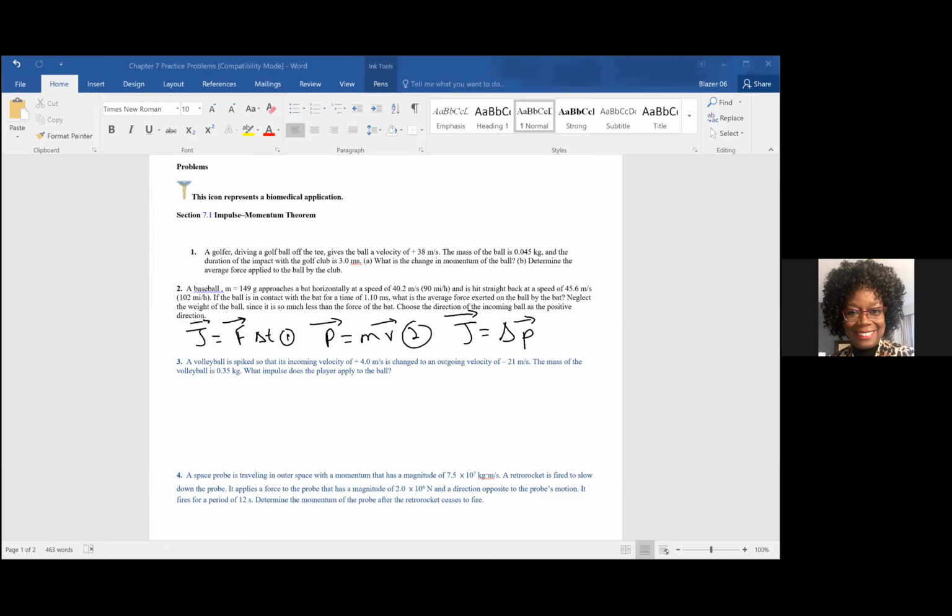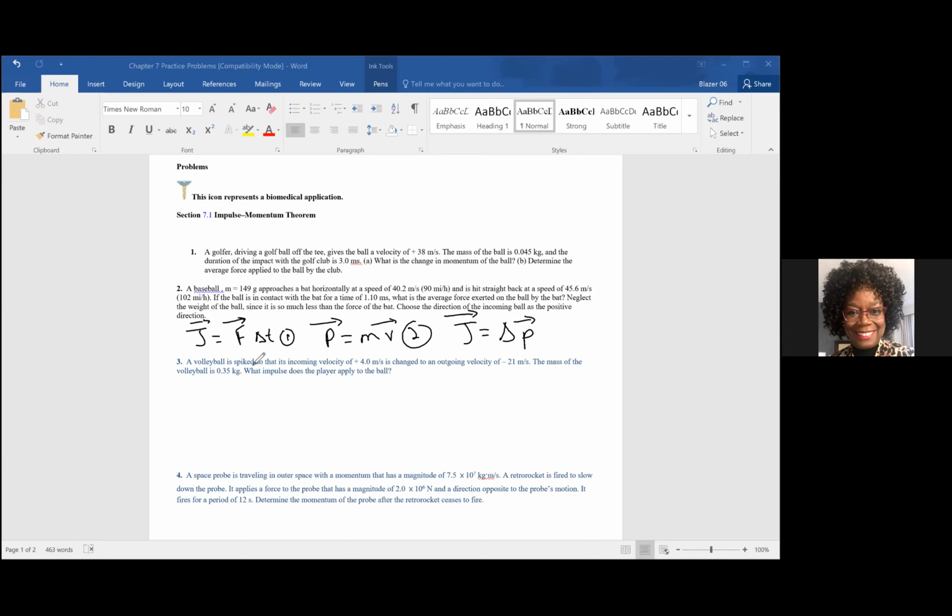Okay, so I see that someone is trying to figure out which equation to use. These are our 3 equations, and you're looking for impulse. It says, what impulse does the player apply to the ball? If we were given the force and the time, we could find the impulse from equation number 1.